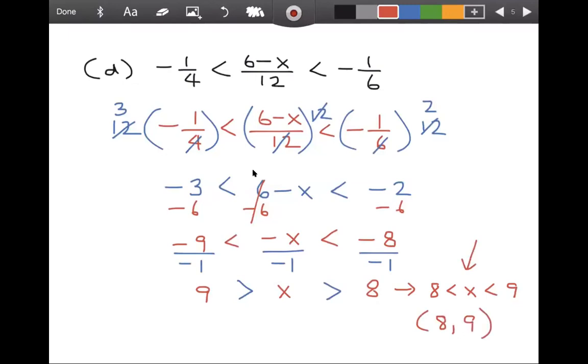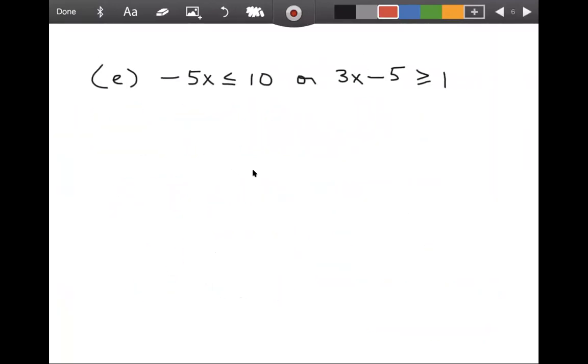All right, so now we switch over to our OR problems, starting with -5x is less than or equal to 10, or 3x minus 5 is greater than or equal to 1. Any value of x that makes either one of these inequalities true or both will be in the solution set of the compound inequality.